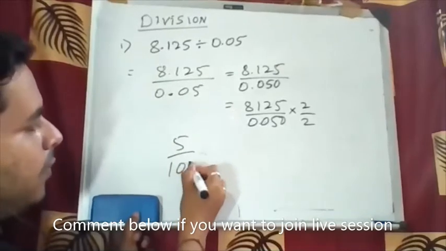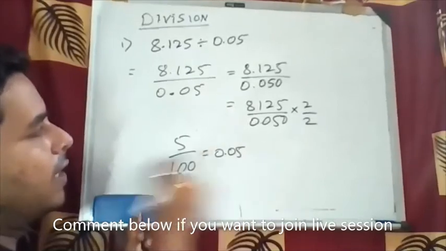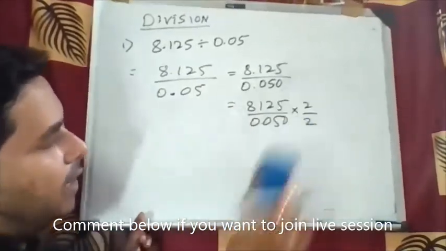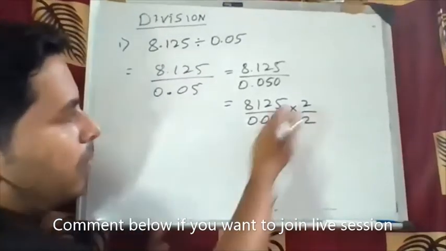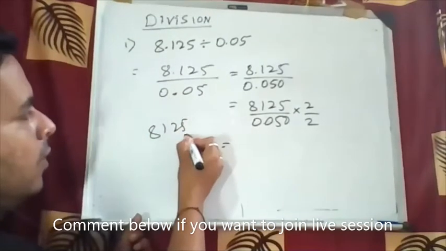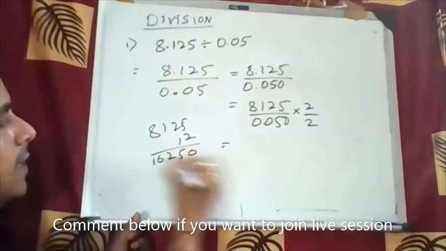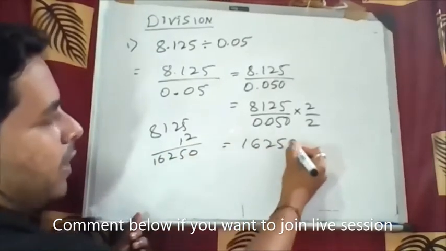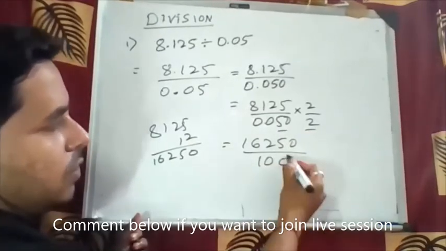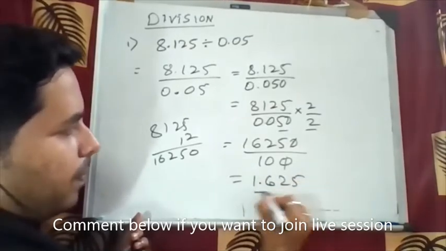If anything is divided by 100, I can easily keep 0.05. So keeping this concept in mind, I'll multiply and divide by 2. If I multiply above, 8125 into 2: 2 5s are 10, 4, 5, 2, and 16. The upper will be 16250. The lower, 50 into 2, will become 100. So this 0 will get cancelled. You'll get the answer as 162.5.